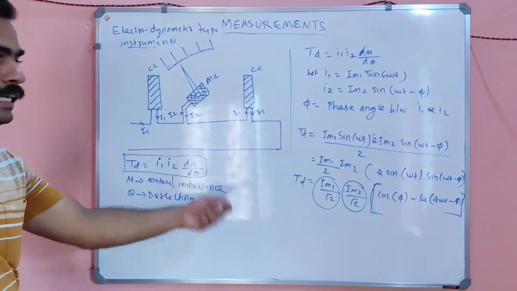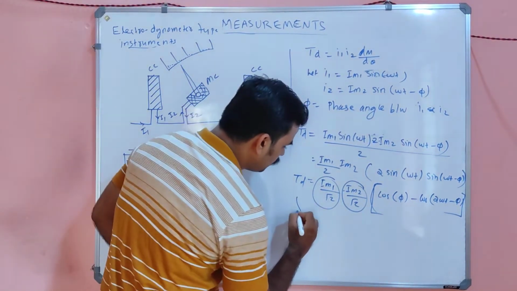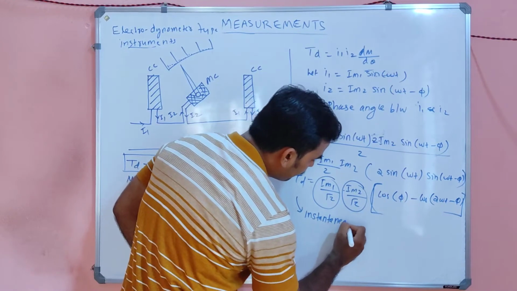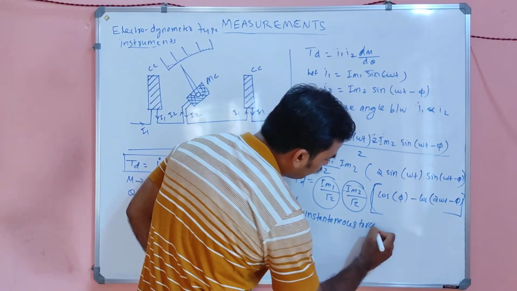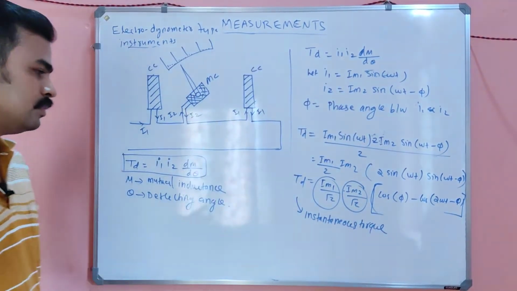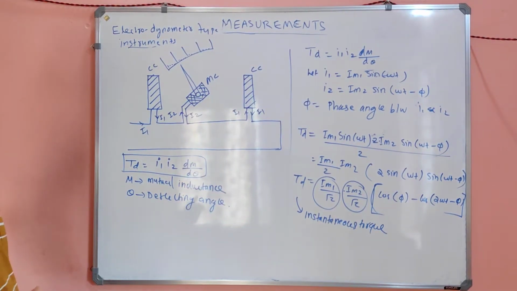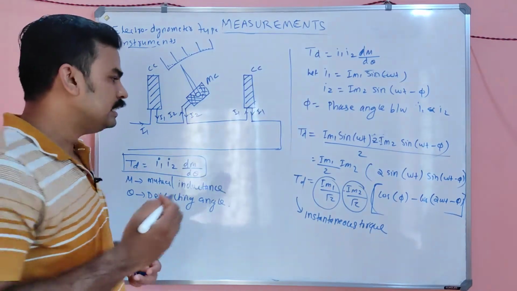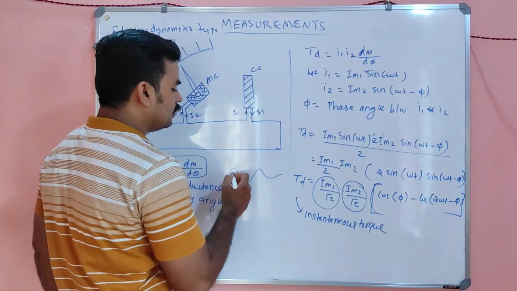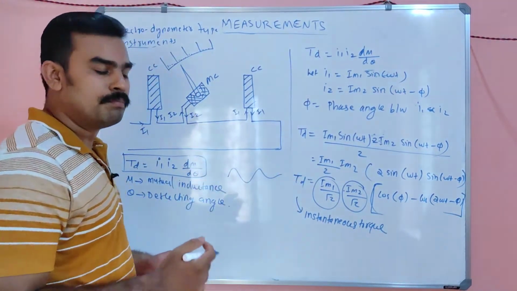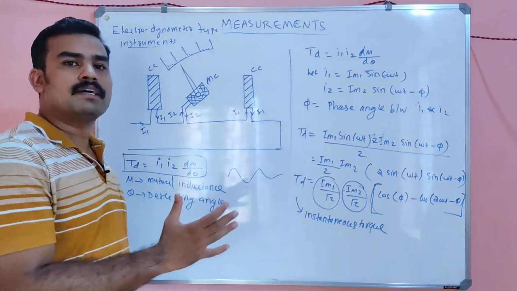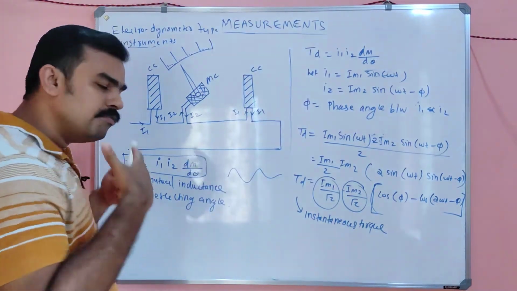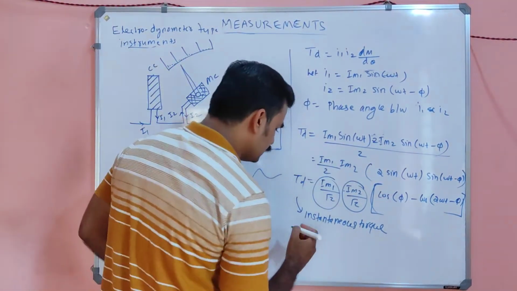If it contains t, this deflecting torque is the instantaneous torque, because time is varying. The instantaneous torque won't produce any deflection, because it is varying. The average torque is always the reason for the deflection.